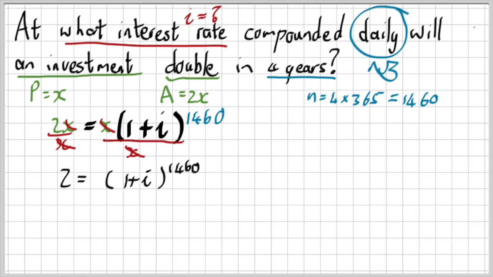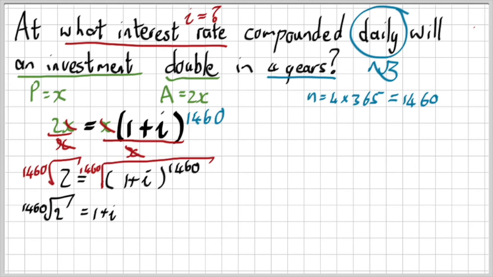Again, remember, I want to get to that little i in the middle. So I'm going to take a very large root, which is the 1460th root, and then I'm left on the right-hand side with 1 plus i.